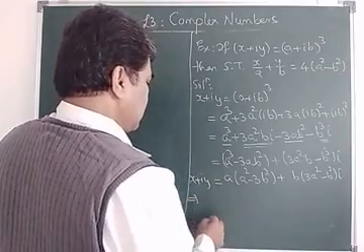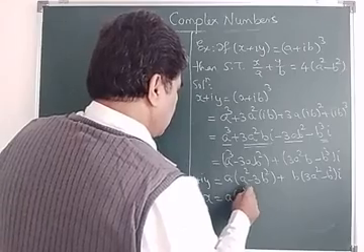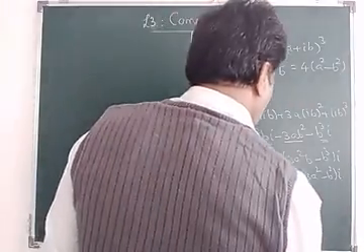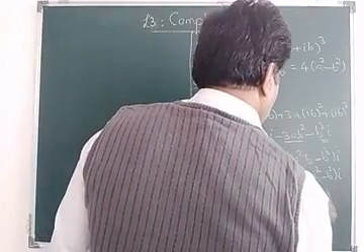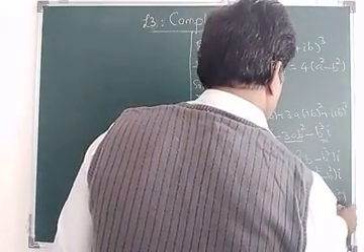Comparing real and imaginary parts, this implies x is equal to a into (a square minus 3b square) and y is equal to b into (3a square minus b square).